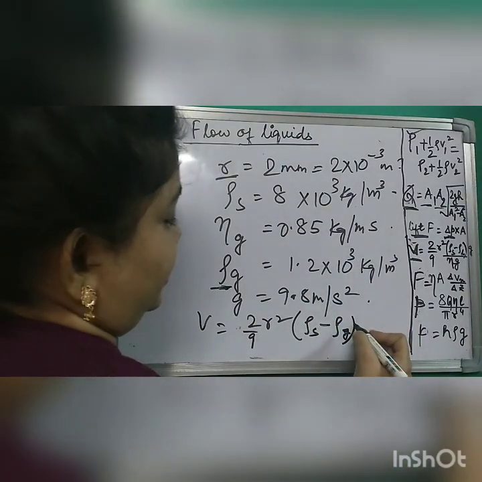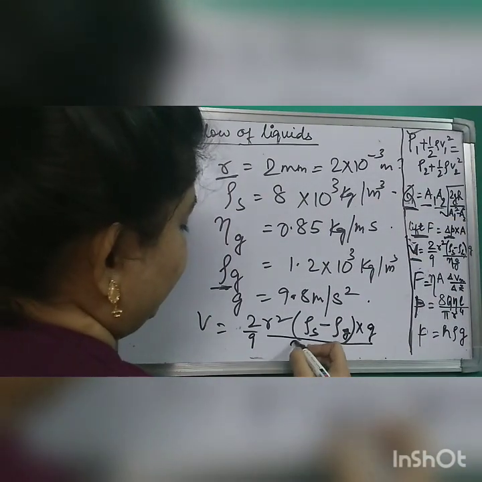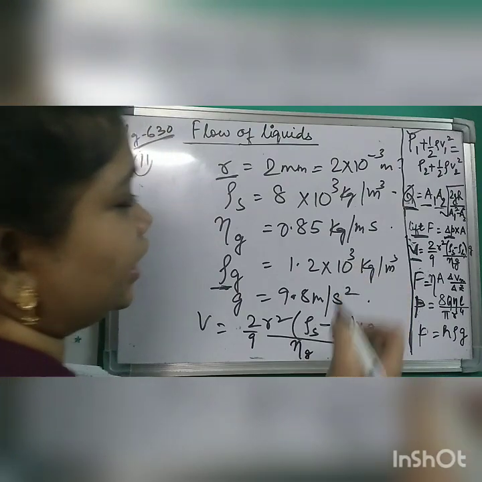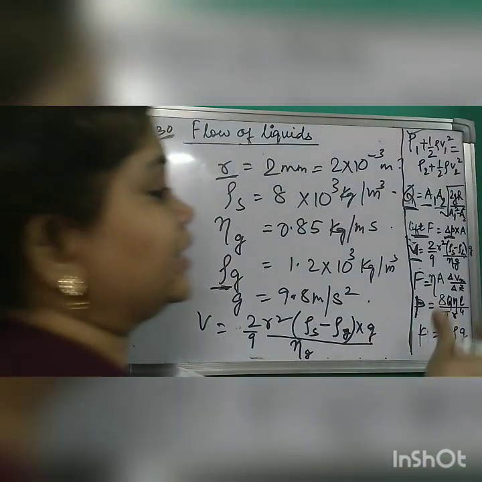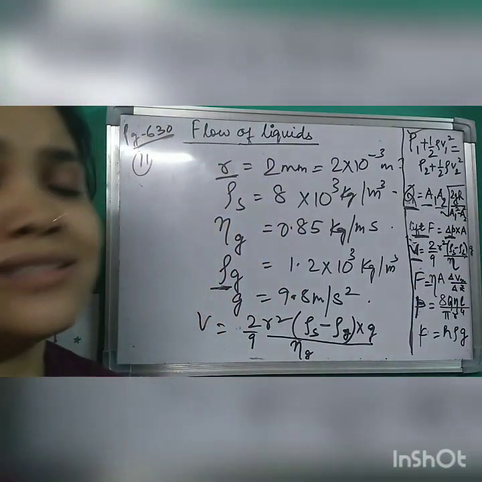Then into g, which is given as 9.8, by eta, the viscosity of the liquid.